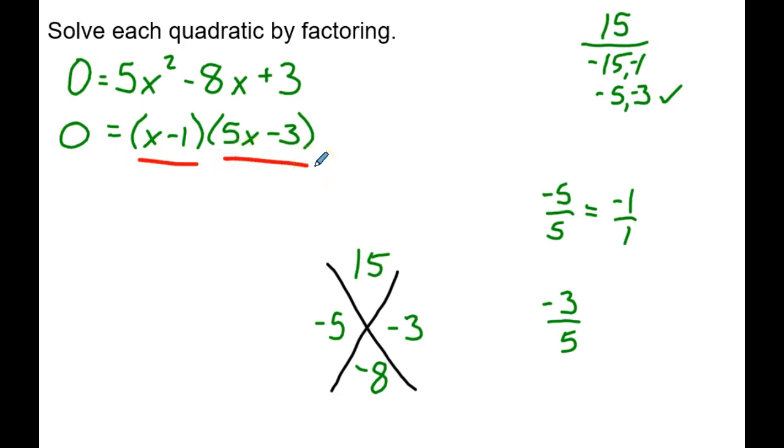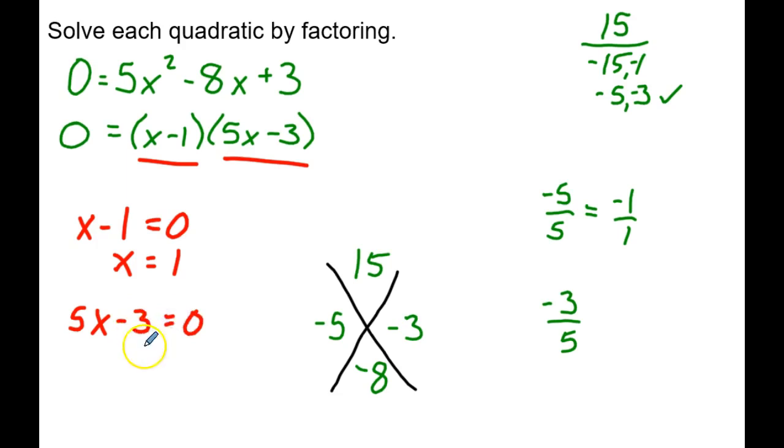We're going to set each of those factors equal to 0 to solve for the x values. So we have x minus 1 equal to 0, so we get an x value of 1. And then we have 5x minus 3 equal to 0. In this one, first we would add 3 to the other side and then divide by 5. So we get x equals a positive 3/5.